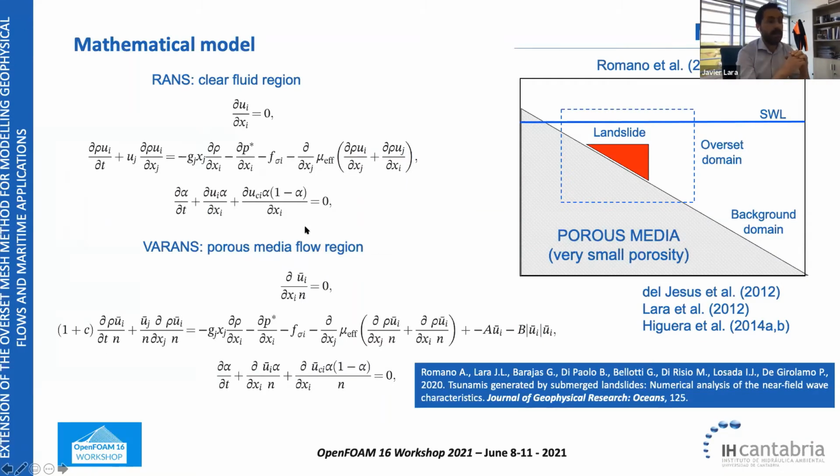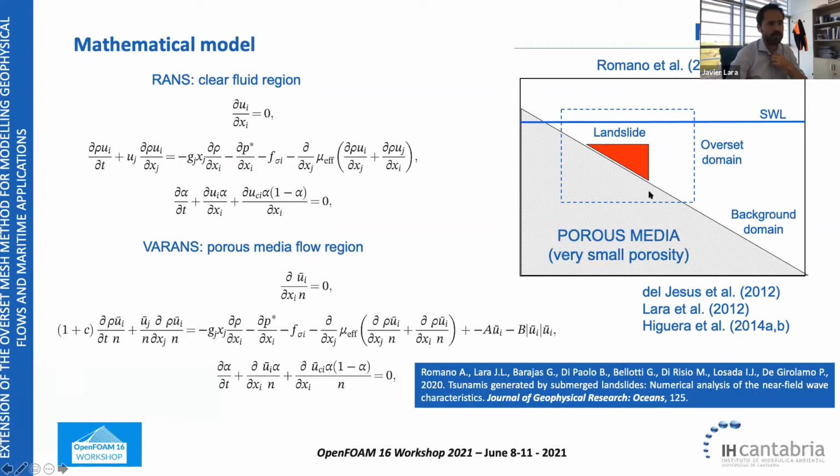The method we are using was developed and presented in this paper, and is using an approach in which we use two types of coupled equations. We have developed these porous media flow equations that are used in our civil engineering problems, where we have a rubble mound and water problem in which the water is penetrating through the porous region, and we are using this method that couples what we call the clear fluid region, in which there is only water, with a porous flow region in which there is porous media flow.